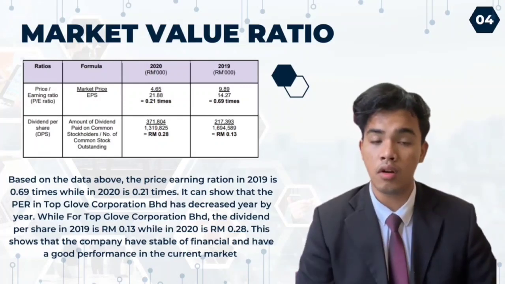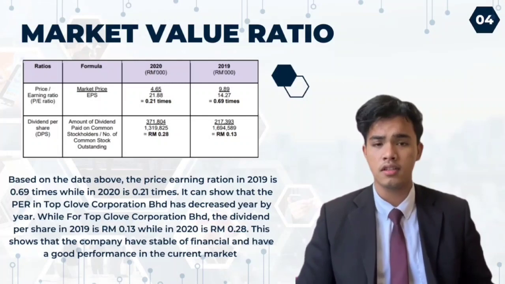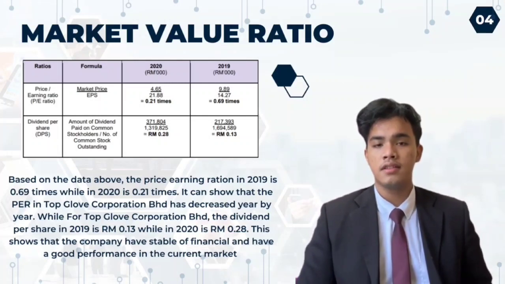In 2019, the amount of dividend paid to common stock holders was 217,393, then divided by the number of common stocks outstanding, which is 1,694,589. So DPS, dividend per share, for 2019 was 30 cents.